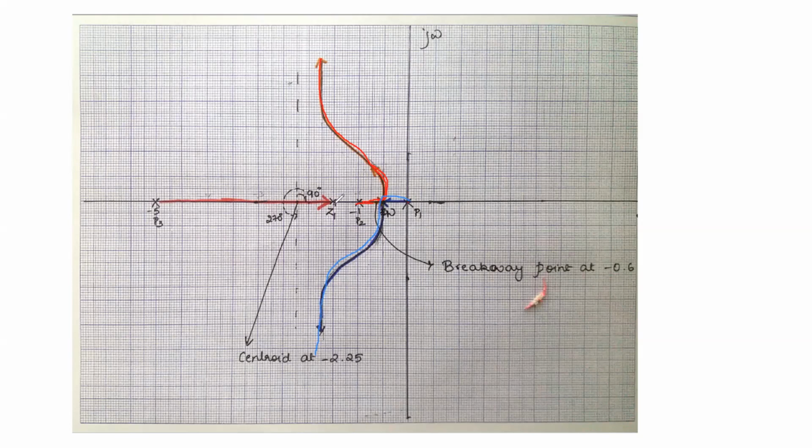So three poles, you have three root loci. Because you have a 0 here, one will come and end at the 0. The other two come out from the breakaway point and follow the asymptote.